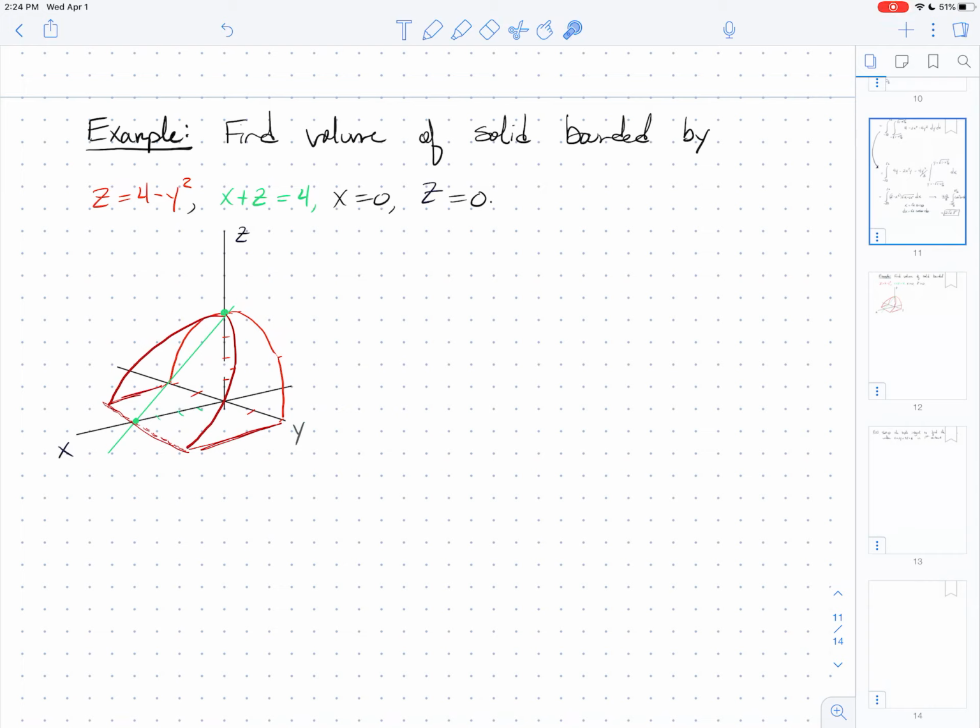Now let's ask ourselves, what if I cut it as type 2, and I want to go cut along the x direction first? So remember, I'm doing my cutting the solid first. So here, if I go from x equals 0, that's this back plane, and I come out, everywhere I cut, I'm going to hit the green plane, x plus z equals 4.